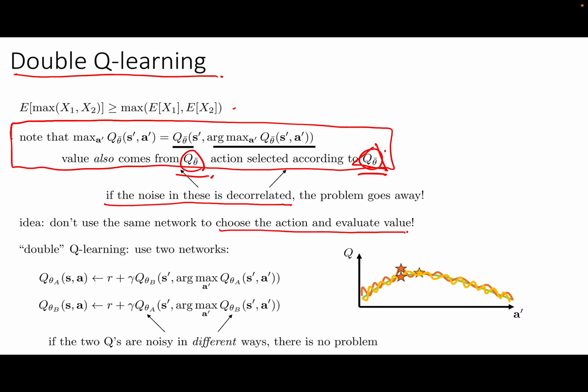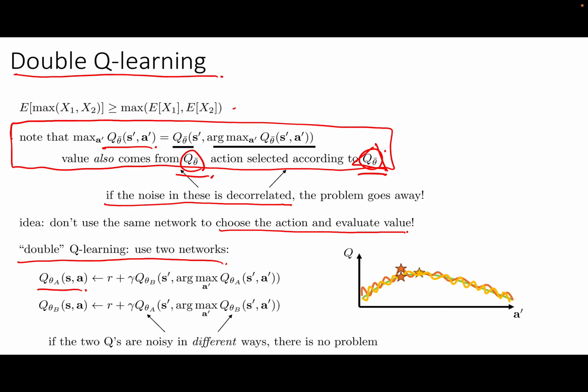Double means we introduce an additional network so that we have two networks. We use two networks to decide the future Q value, this value in the Bellman equation. That is called double Q learning. It's straightforward, right?